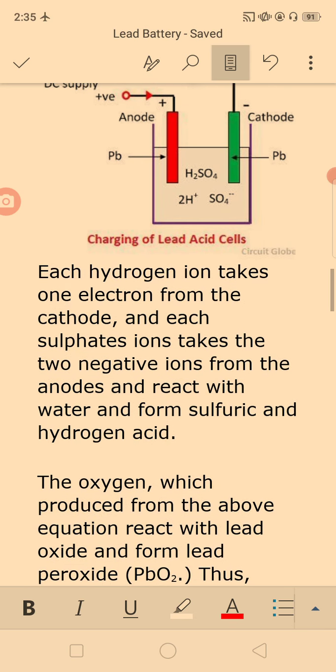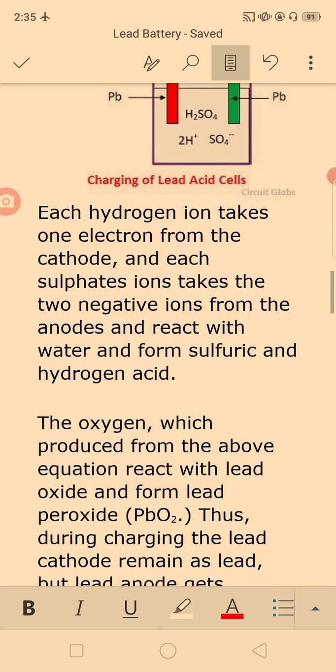The oxygen produced from the above equation reacts with lead oxide to form lead peroxide (PbO2).